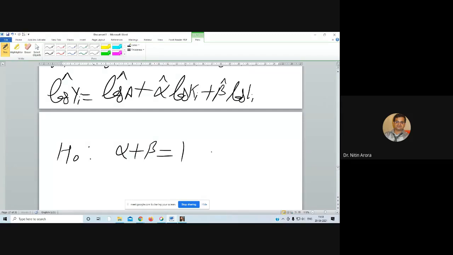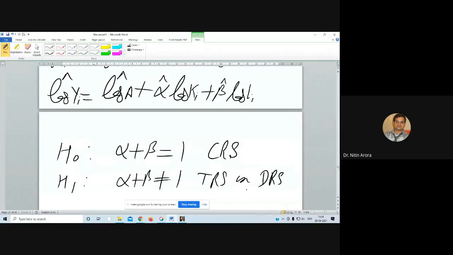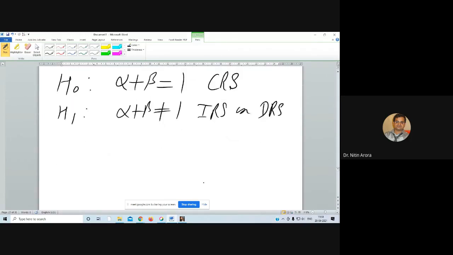If alpha plus beta is equal to unity, this reflects constant returns to scale, against the alternative, alpha plus beta is not equal to unity, which means either IRS or DRS. IRS is increasing returns to scale, DRS is decreasing returns to scale.